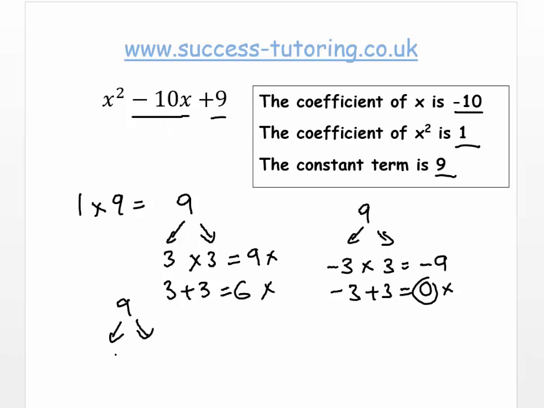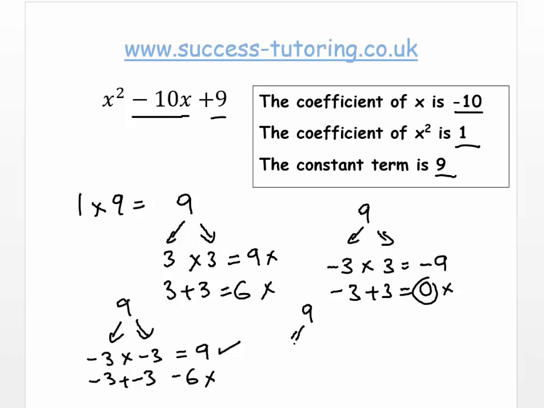What about minus 3 times minus 3? That will give me 9. So we know that's correct because we started off with 9. And if I said minus 3 add minus 3, we're going to get minus 6. That's still not correct. So we're going to have to try again. Right.